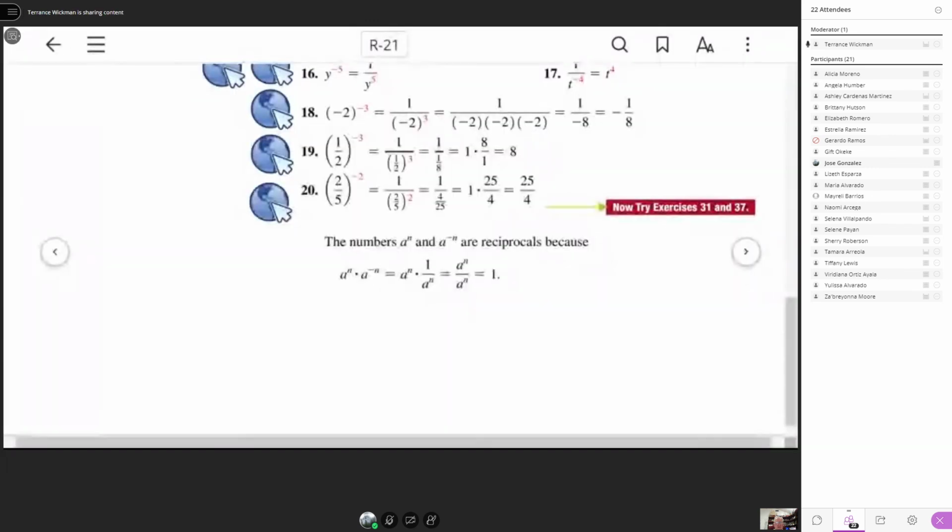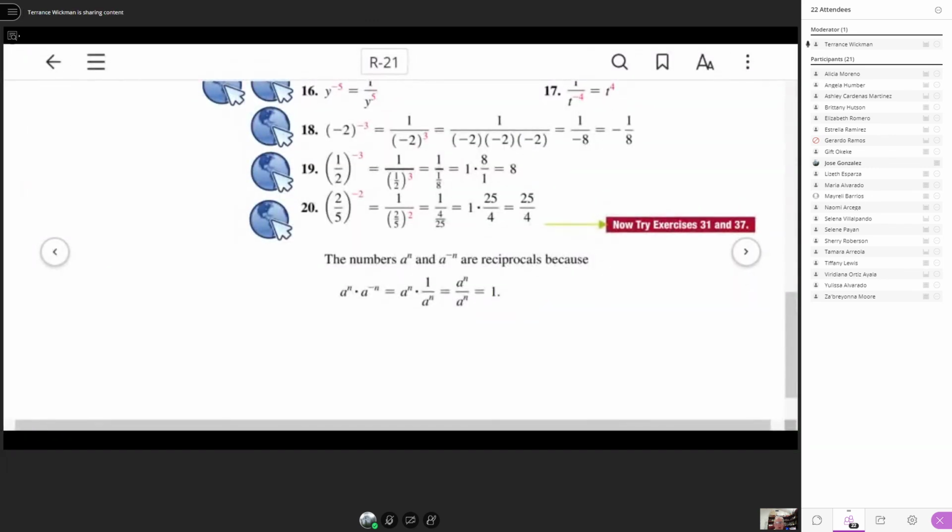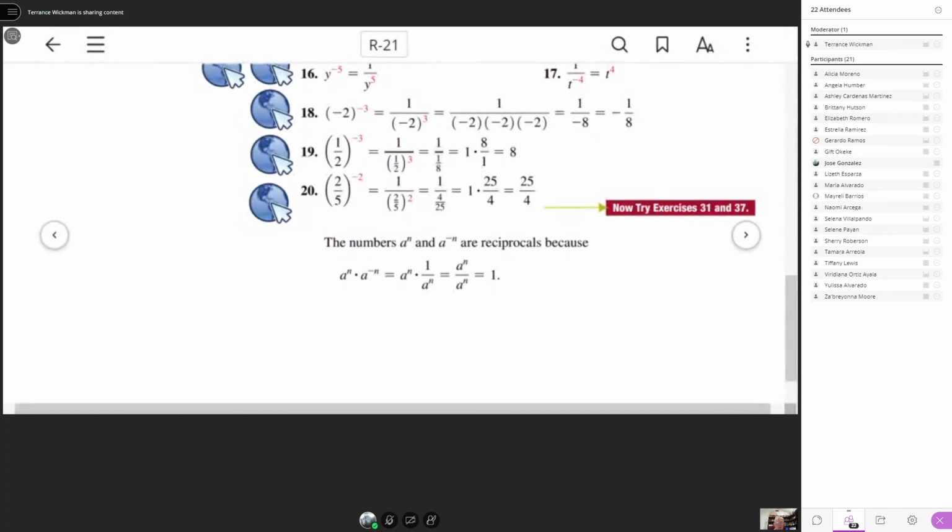Now you can see they've done the same thing here. 1/2 to the negative 3 power in 19 is the same thing as saying 1 to the negative 3 power. I mean, I don't like how they did this. Let me do 19 for you too.